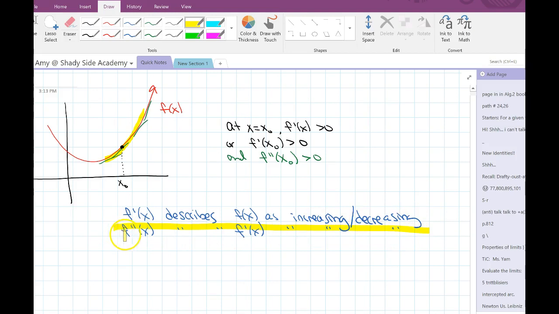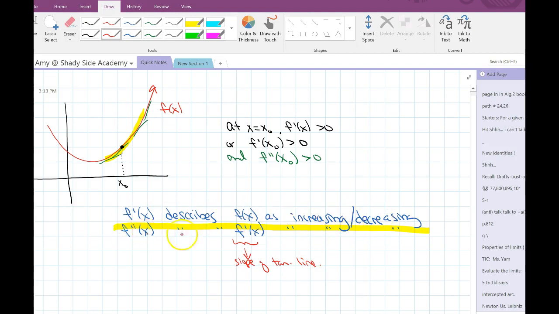When we say f double prime describes f prime as increasing or decreasing, well, since we know f prime of x describes the slope of the tangent line, right? F double prime then describes whether the slope of the tangent line is increasing or decreasing. So once again, f prime of x describes whether the function is increasing or decreasing.